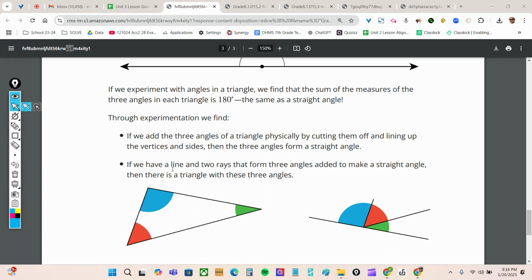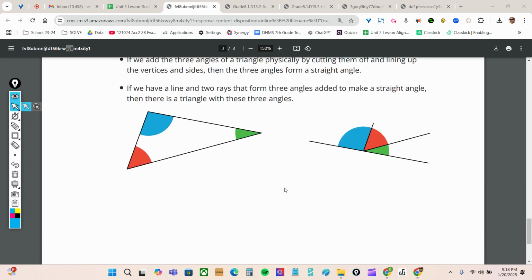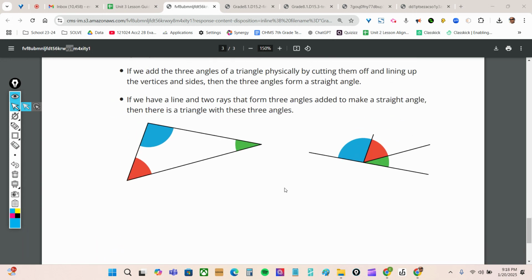If we have a line and two rays that form three angles added to make a straight angle, then there is a triangle with these three angles. We also did it with a quadrilateral, and we found out that a quadrilateral equals 360 degrees.